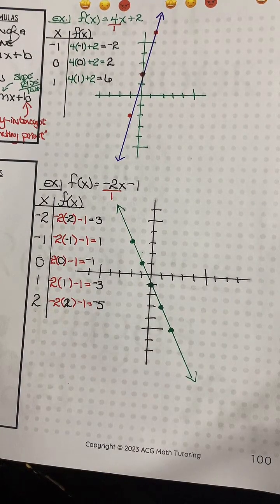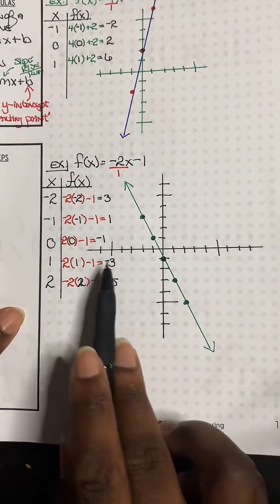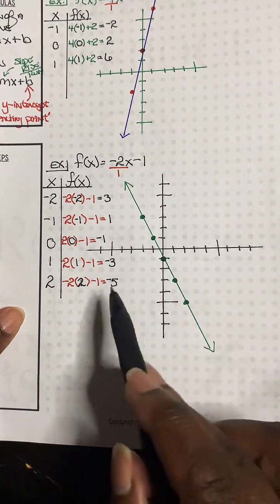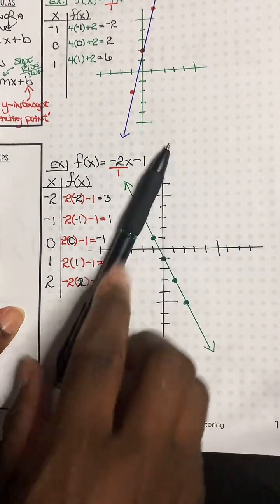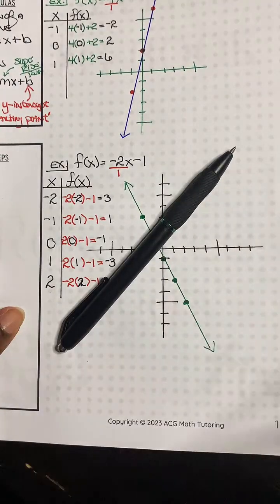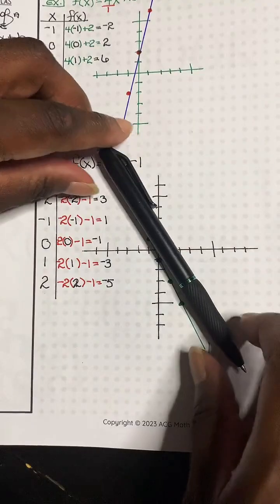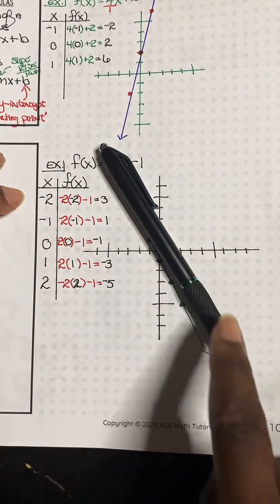Okay? Which way is negative? Okay, which way is positive? So if anything, from left to right, if you notice that it's going upward, like my pen is, this is a positive slope. Okay? From left to right, if it falls this way, this is a negative slope.